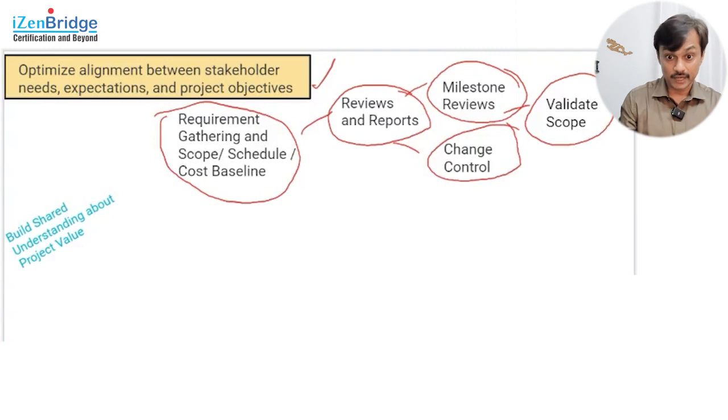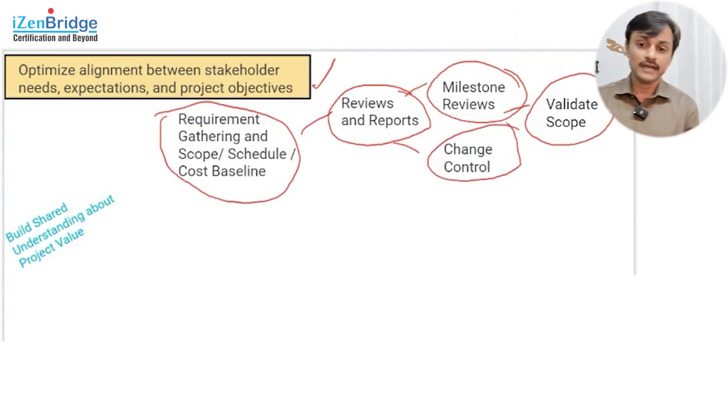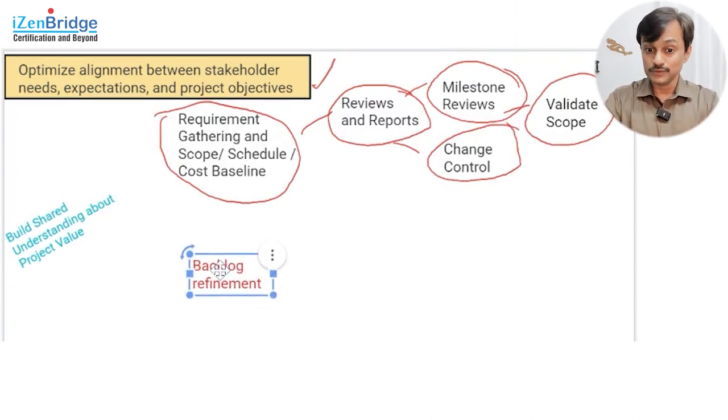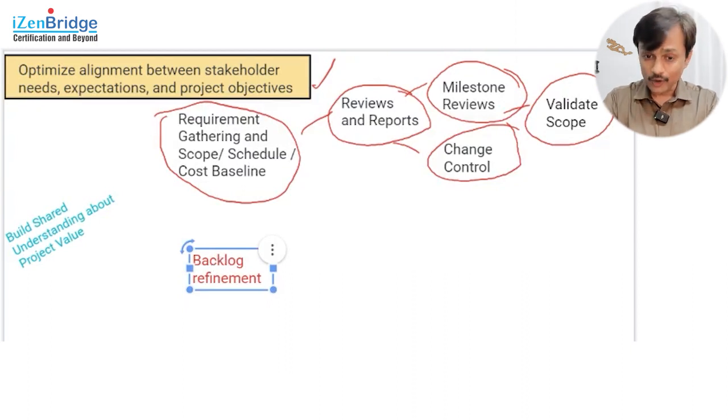Some of the ideas, you can have more, but these are the ideas we have in the predictive life cycle to ensure alignment between stakeholder needs, expectations, and the project objective. So that's something you do. Now, for the adaptive life cycle, you have to involve the right stakeholders in backlog refinement.